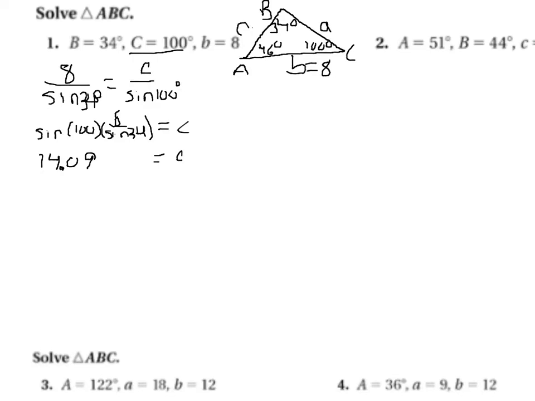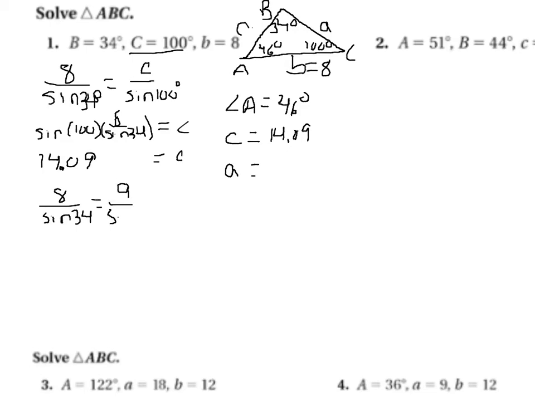So now we need A. So far, to complete the triangle, we have angle A is 46 degrees, and side C is 14.09. We need side A. So set up the same thing. 8 over the sine of 34 equals A over the sine of 46.